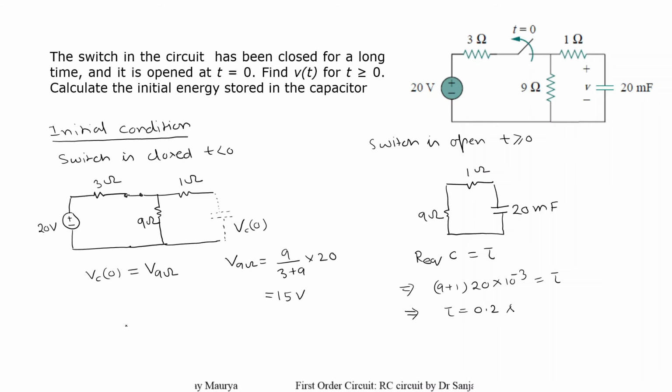Now after substituting in the equation, v(t) is equal to V naught e to the power minus t by tau. We can write V naught is 15, e to the power minus t by 0.2, will be the voltage across the capacitor. Now the next stage is to determine the energy stored in the capacitor.